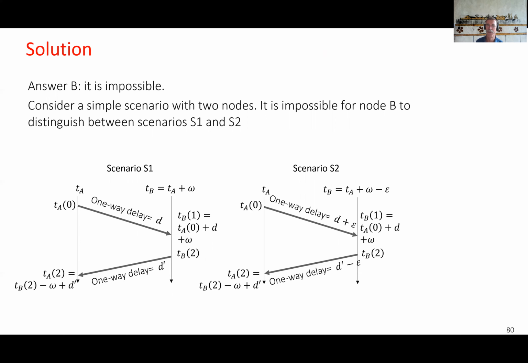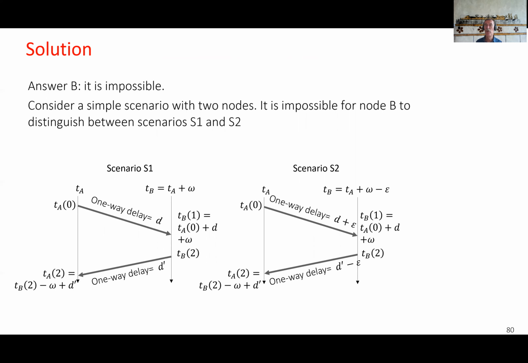Here I'm assuming the offset of B is constant during this period of time. Then B responds at a time TB of 2, and the message is received by A at a time TA of 2, which is the time it was sent plus the one-way delay, minus the offset, because the offset of A with respect to B is minus omega.